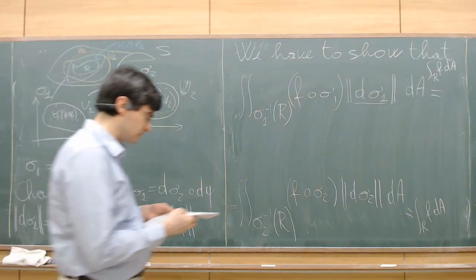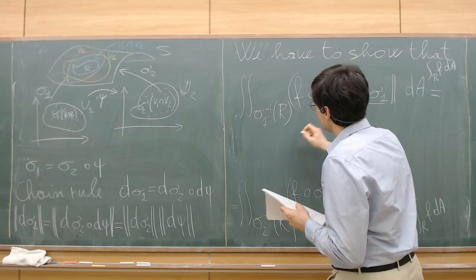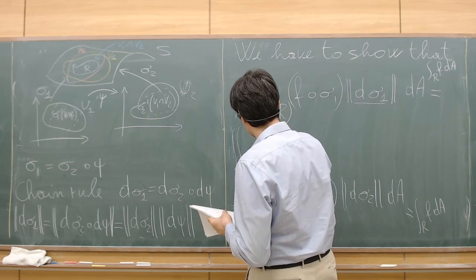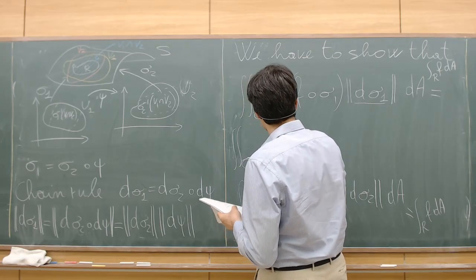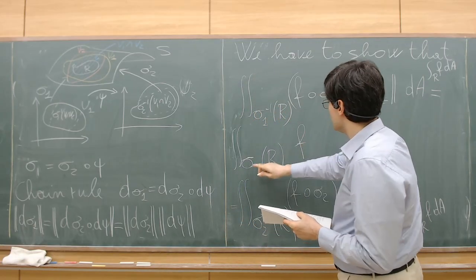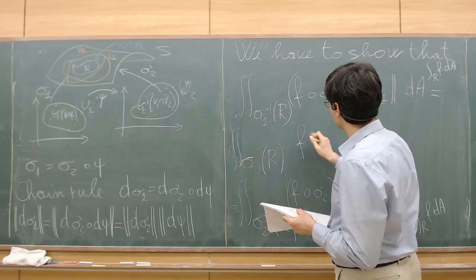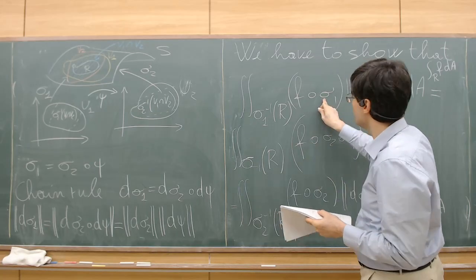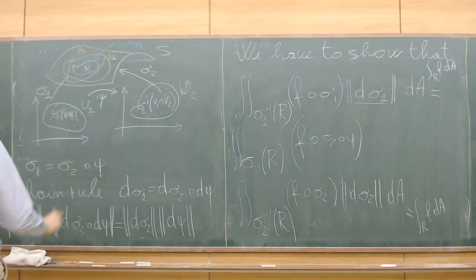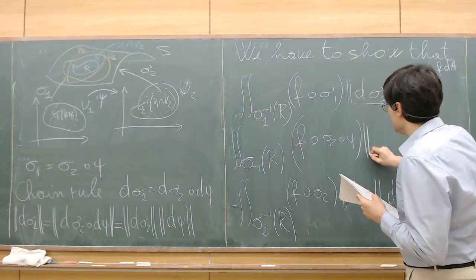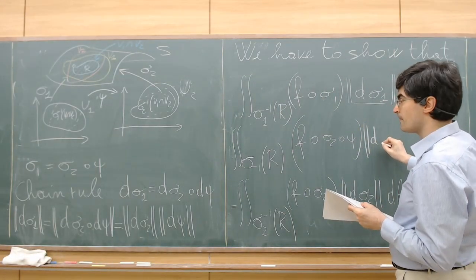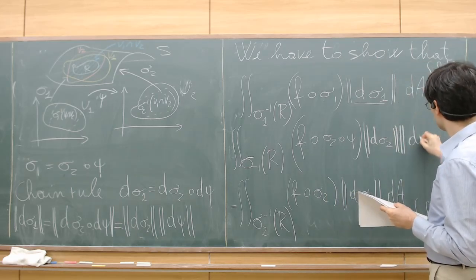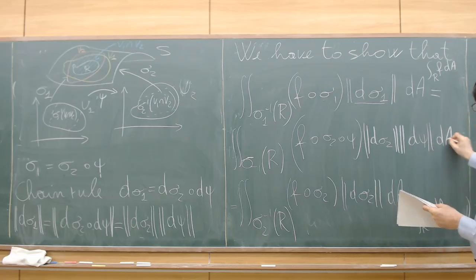So let's use this formula, and we get that this double integral here becomes the double integral of f composed with sigma 2 composed with psi, because sigma 1 is sigma 2 composed with psi, multiplied by the area distortion of sigma 2 multiplied by the area distortion of psi dA.